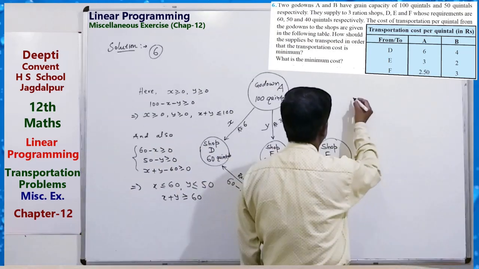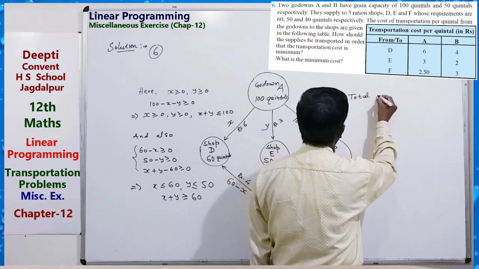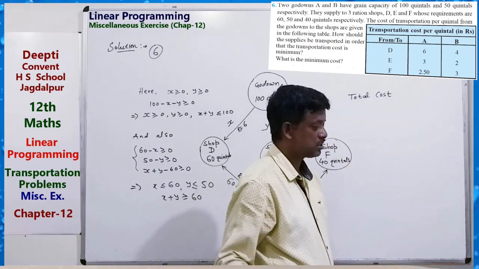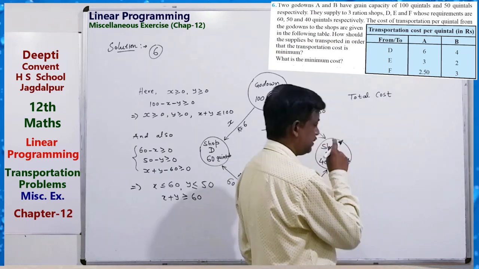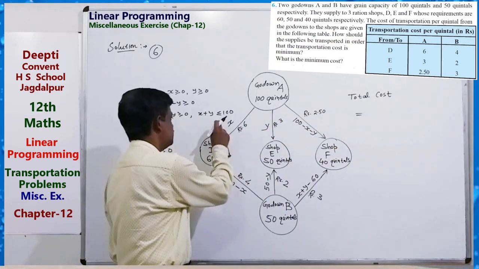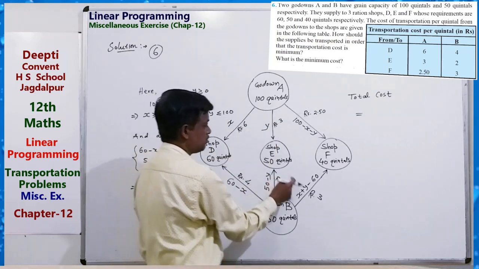And the total cost may be written as this into this plus this into this plus this into this, this into this plus this into this plus this into this.